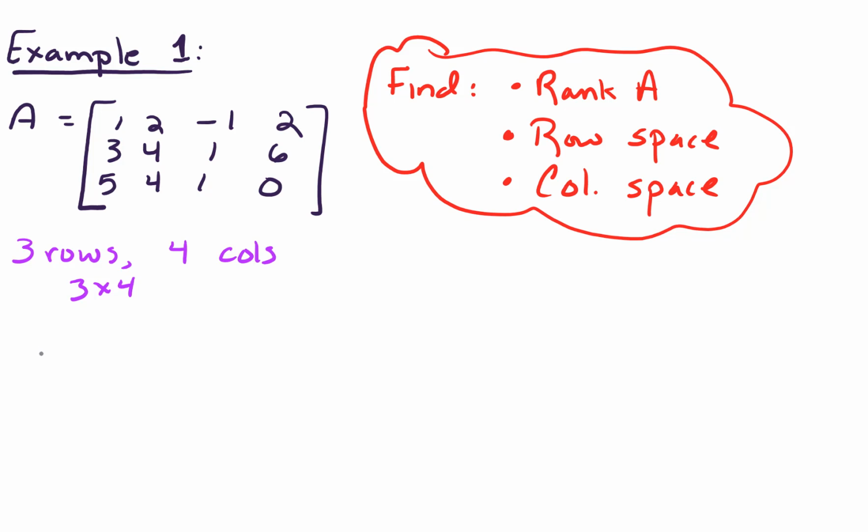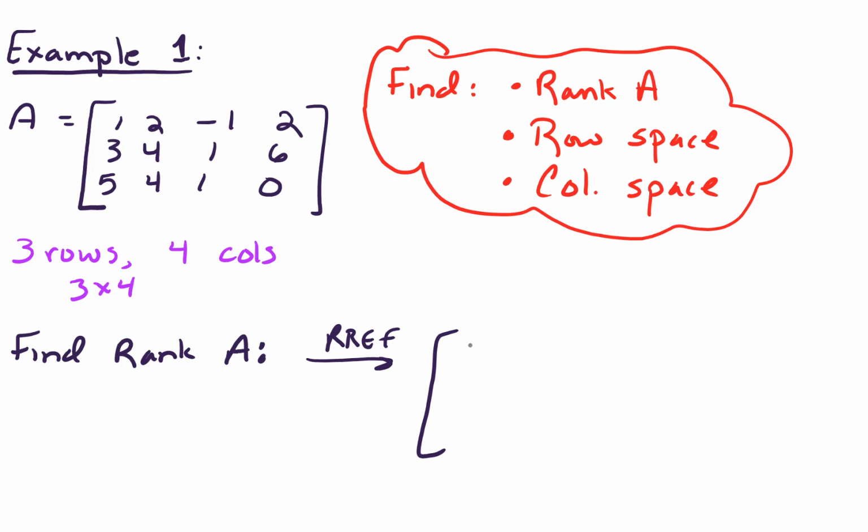So to find the rank of A, we need to essentially take A and RREF it, giving us the following form: 1, 0, 0, negative 11 fourths, 0, 1, 0, 5 fourths, and the third row 0, 0, 1, 5 fourths.